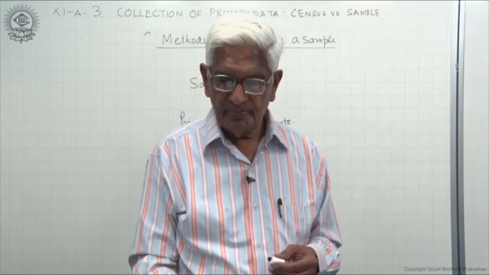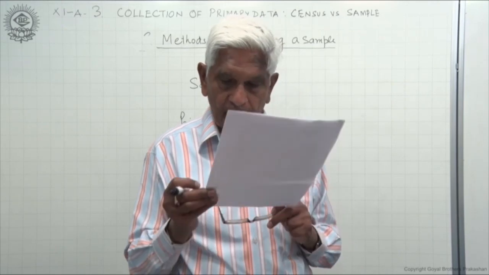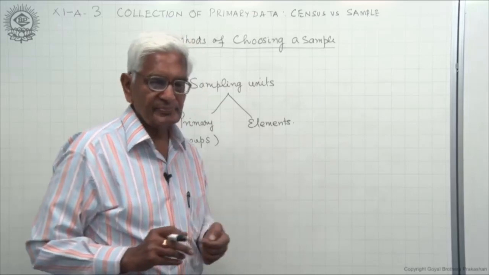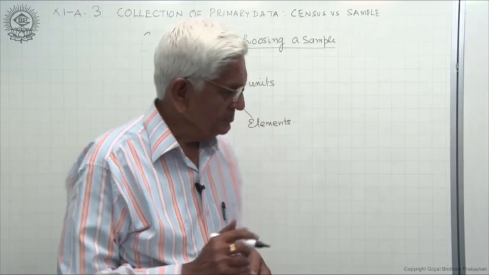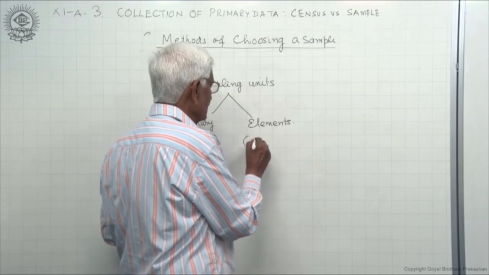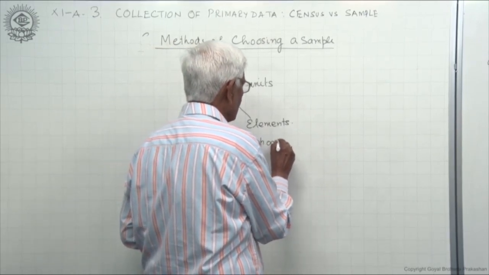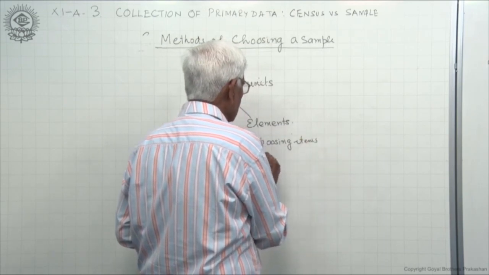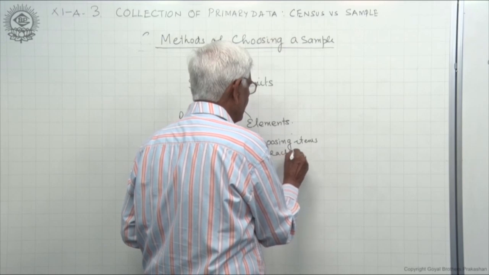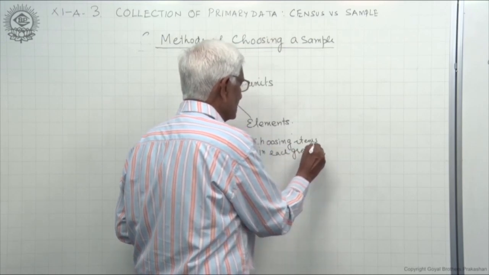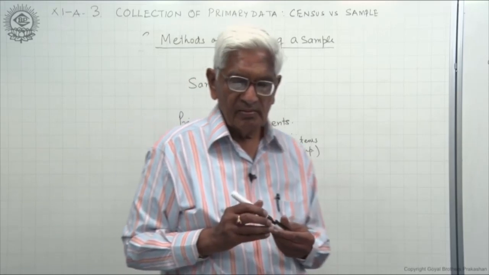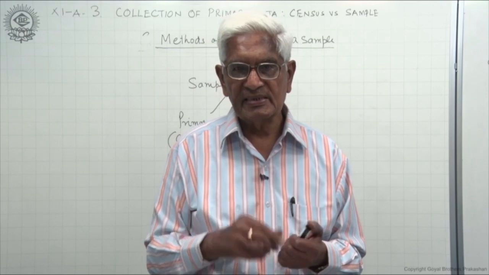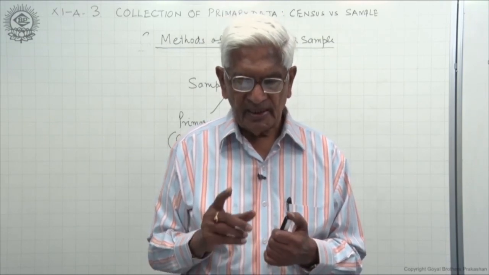Once you select the group, then you take each item in the group. So, second is element, choosing items in each group. So, we have primary sampling unit groups and then elements, each item in the group.